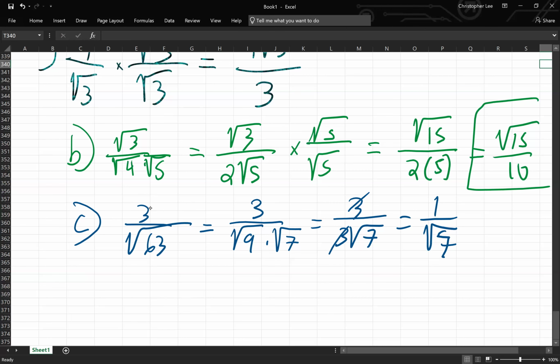All right. Again, illegal for me to have radicals in my denominator, so I'm going to multiply this by square root 7 over square root 7.